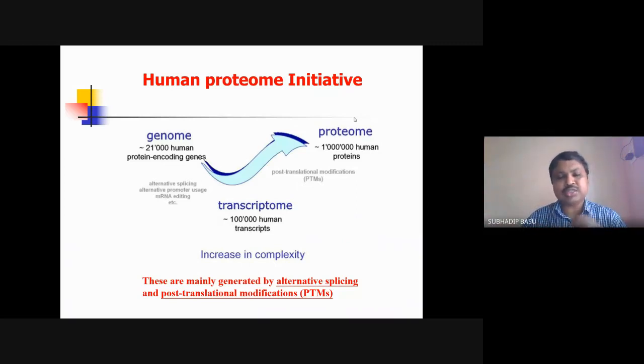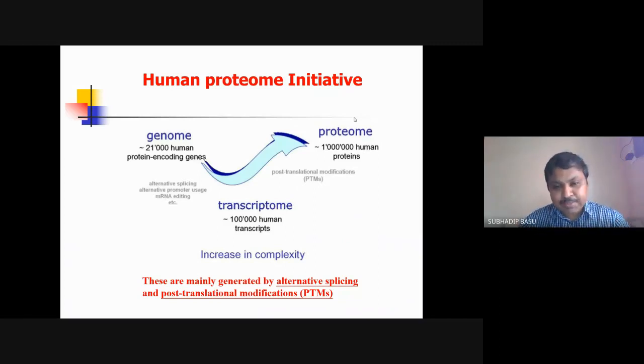Then based on certain energy minimization and different types of bonds that take place, you have a secondary structure of the protein, then they fold, and tertiary structure of the proteins is formed, then the quaternary structure of the proteins is formed.